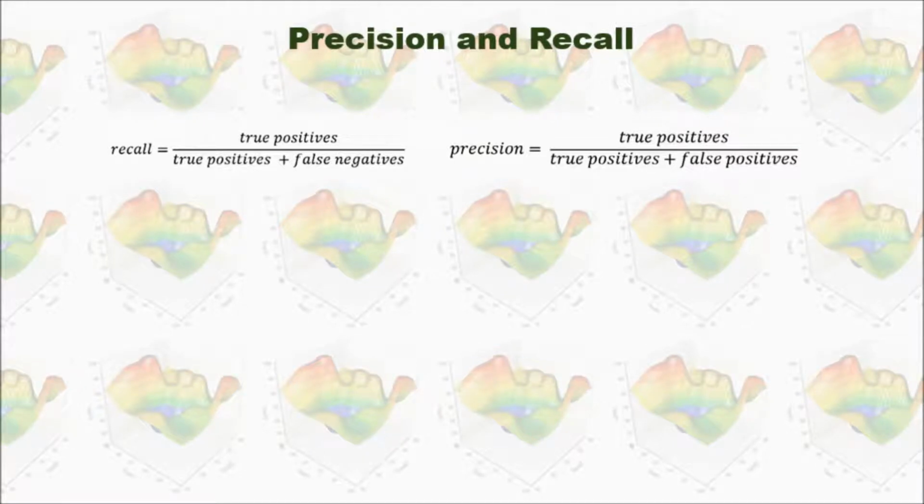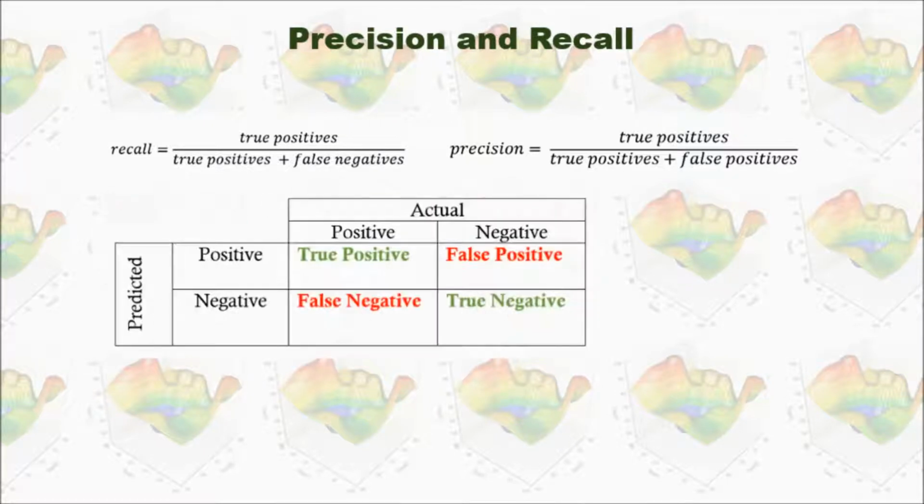Then let me clarify two concepts. One is called recall, another one is called precision. Think about it: we have all those values called actual values. It's positive and negative. And we have our predicted value, positive and negative. If we predict it is positive, and in reality it is positive, then we will say this is a true positive.